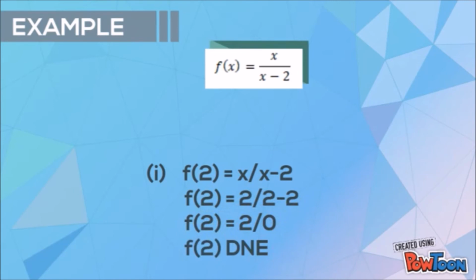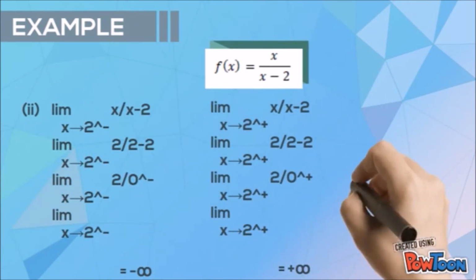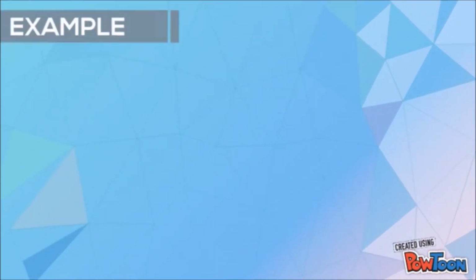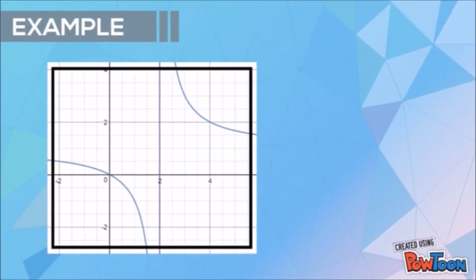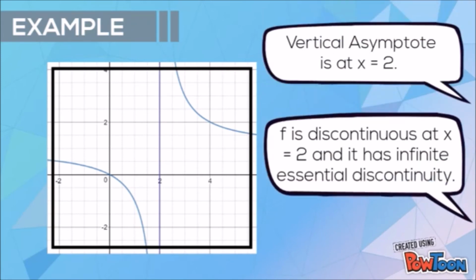But let's continue and prove that the limit of the function doesn't exist. And now, we can conclude that f is discontinuous at x equals 2, and it has infinite essential discontinuity. Now we've reached the end of the discussion proper.